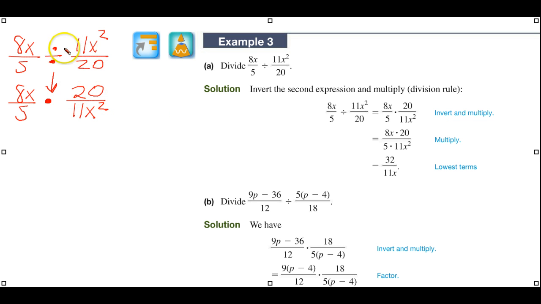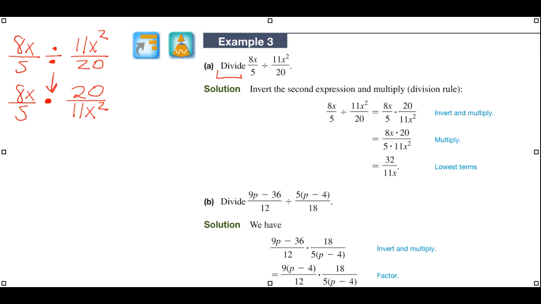Now, it's no longer division, it's multiplication. So that's the main item of when we divide fractions. We change it from division to multiplication, and then flip it, take the reciprocal.